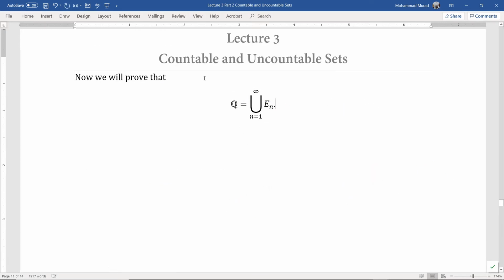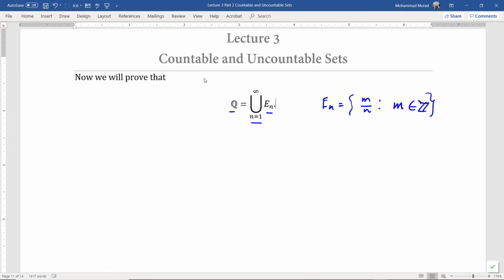Now it can be shown that the set of rational numbers Q is a countable union of these E_n's. Recall, E_n is a set of all elements of this form such that m is an integer.